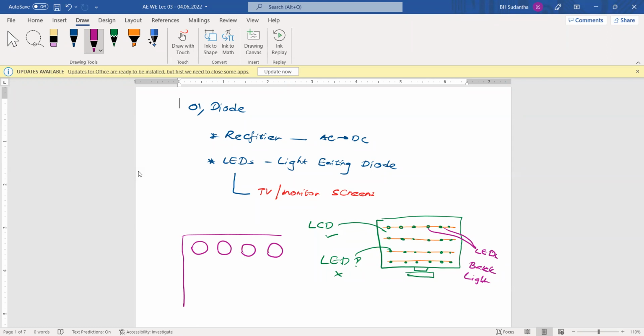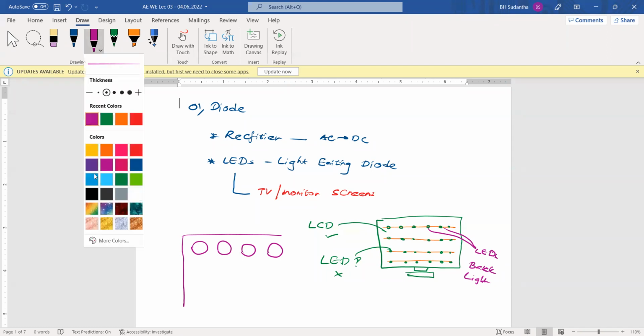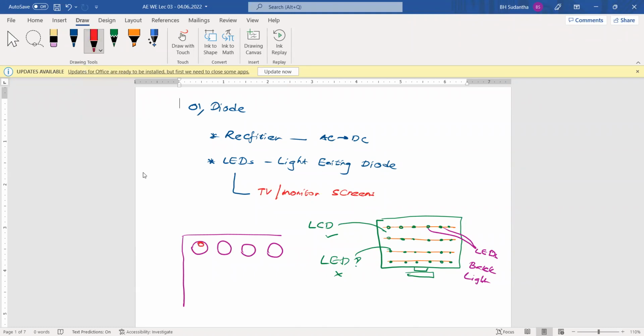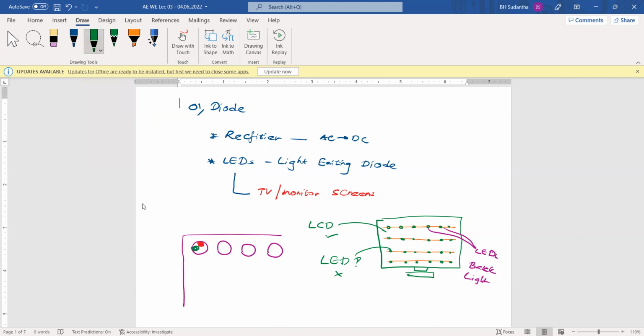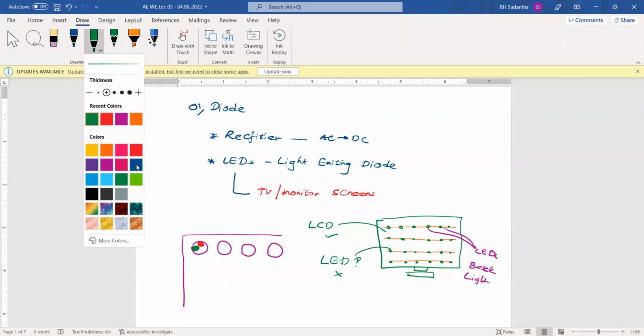We can color the dot in different colors, and in the end the image is created. But inside this dot, we have 3 LEDs. The first one is red, the other one is green, and the other LED is blue.